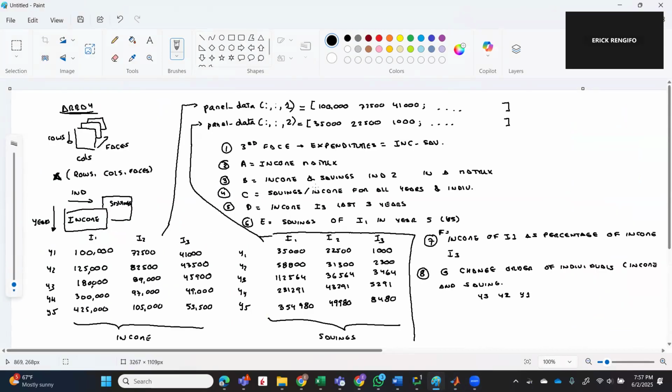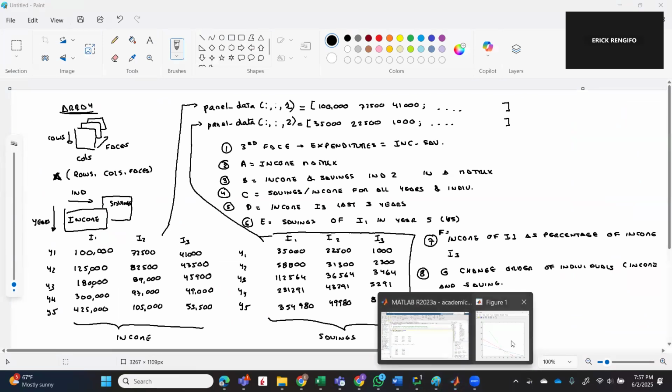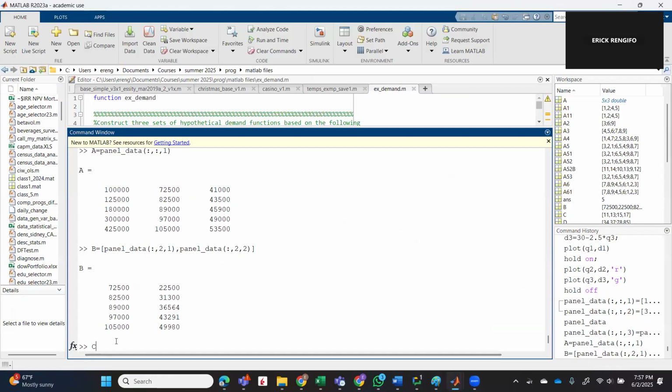C, I want income divided by savings for all years for all individuals. Okay, so that's easy, right? So it's called C. C is going to be equal to, oh yeah, I have this one here. I have for all individuals, and I want this to be divided. So remember, it's going to be element by element division, correct? Yeah. Okay, that's because, remember guys, matrix division is also different than element by element division.